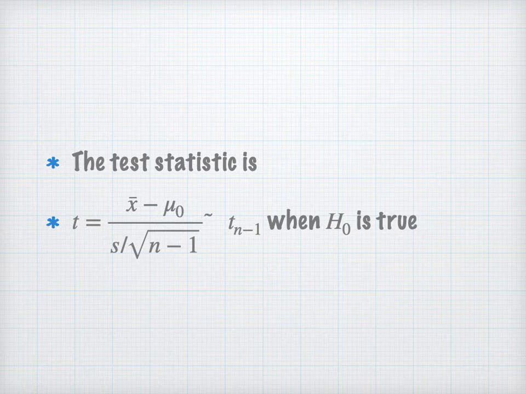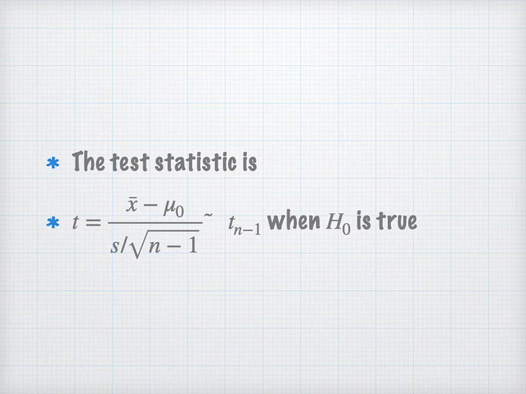That is a given value. And S square is the sample variance. So S is the standard deviation calculated from the sample, and n is the sample size, and we have to find n minus 1. So this statistic follows a t distribution with n minus 1 degrees of freedom under H naught. So this is the test statistic.